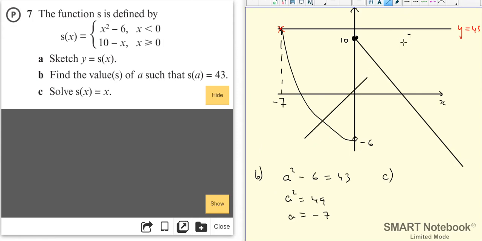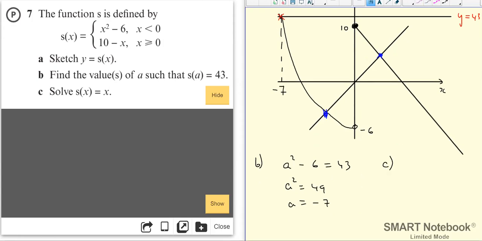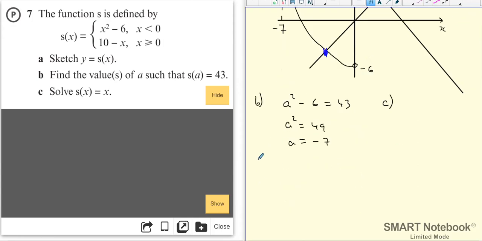I have something like this. And what I can see is that there are two solutions. There's one here and there's another one here. So for the first one, let's call this x1.